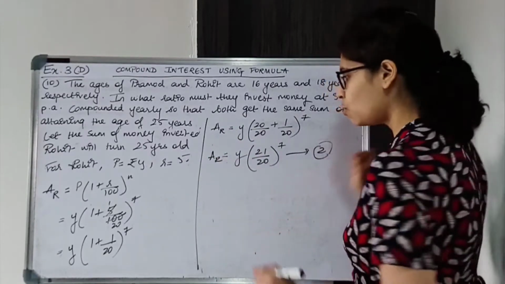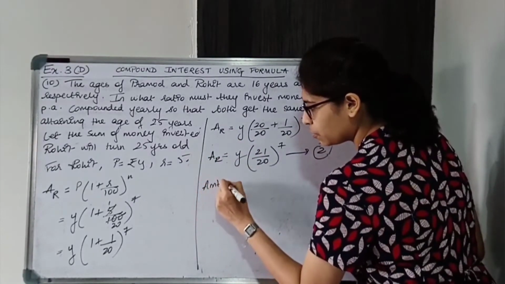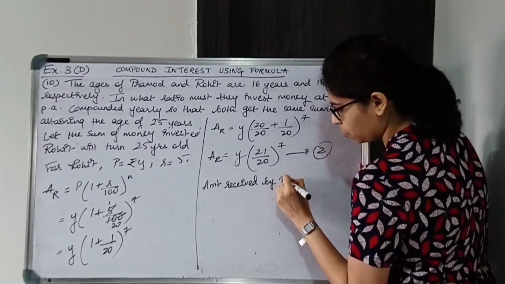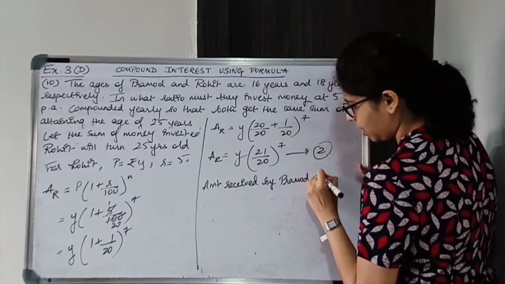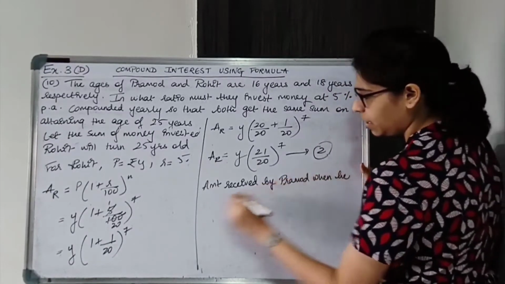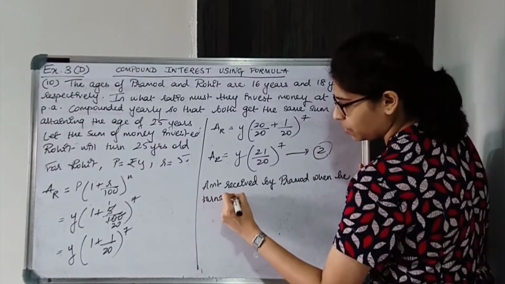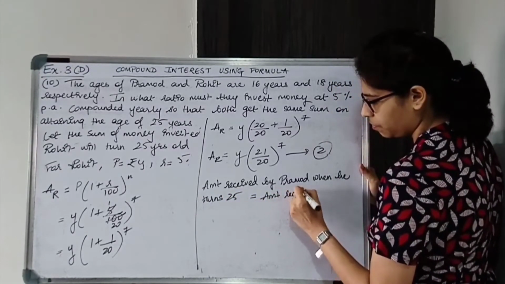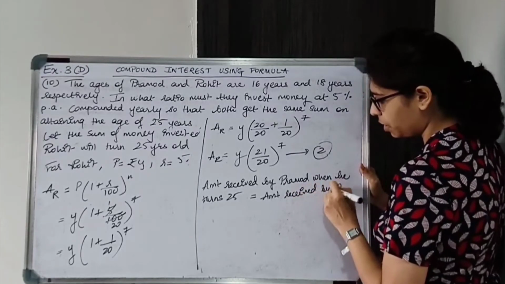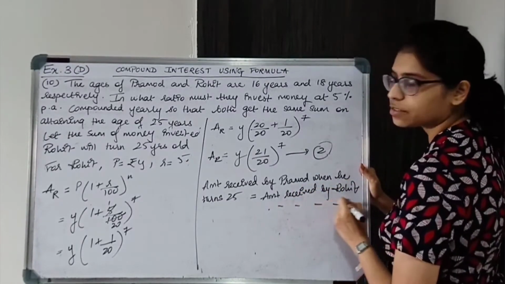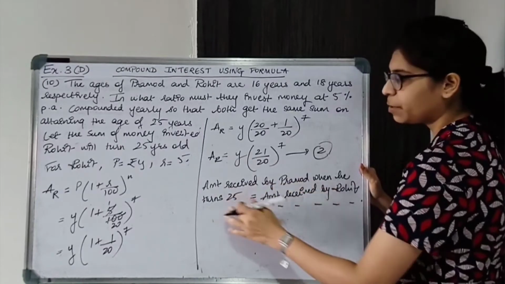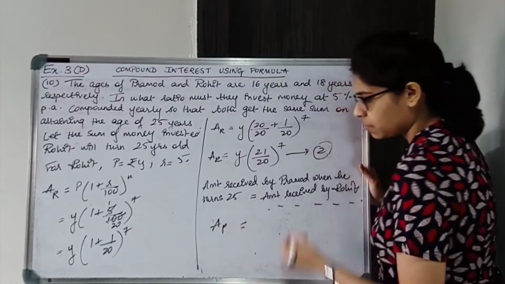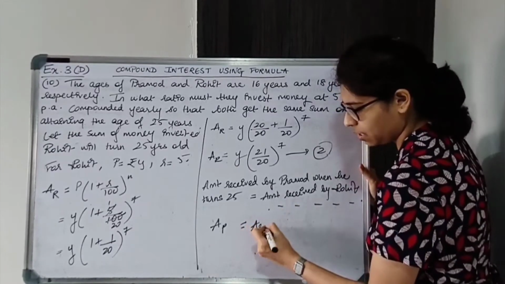Okay, so just write down amount received by Pramod when he turns 25 is equal to amount received by Rohit when he turns 25. What is the amount received by Pramod when he turns 25? AP. What is this? AR.